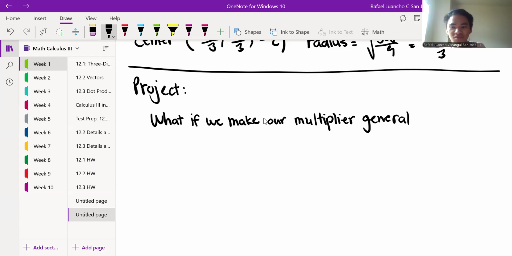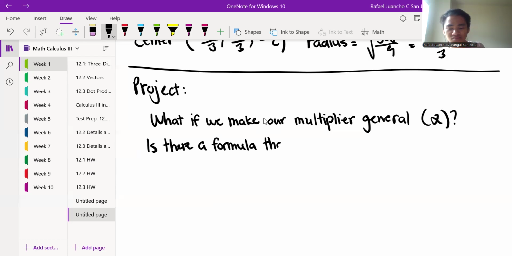So instead of it being 2, it's alpha. And maybe we can ask, is there some sort of formula that, given alpha, we can find the radius and center of the sphere?